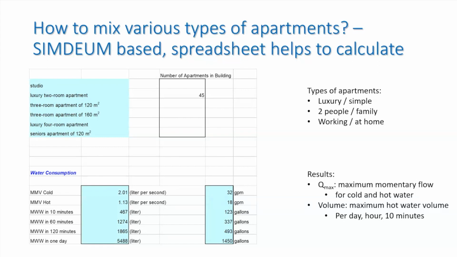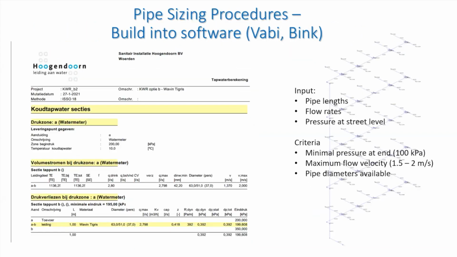So there is actually more information that we have from this type of approach than we had with the fixture unit, which only gives us maximum flow rate for cold water, basically. Of course, we also have these nomograms and things like that, but built into software, it makes it a lot easier.